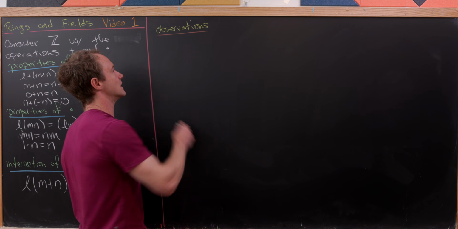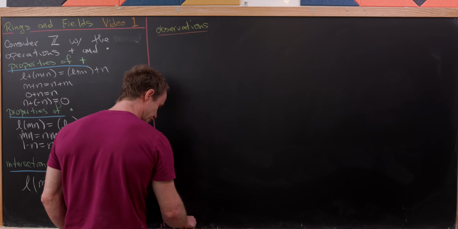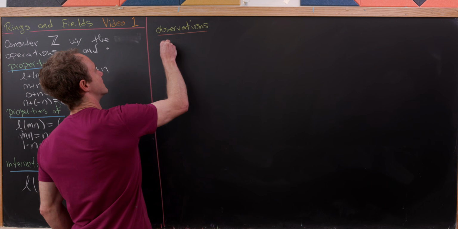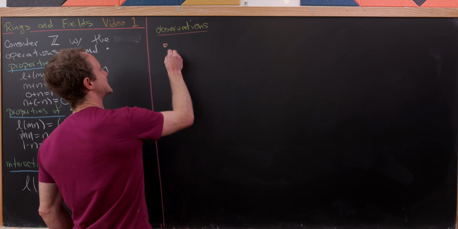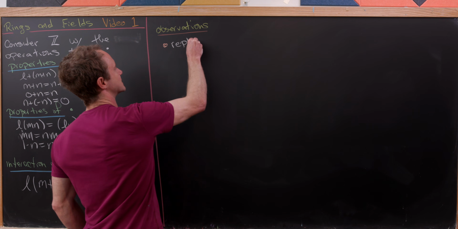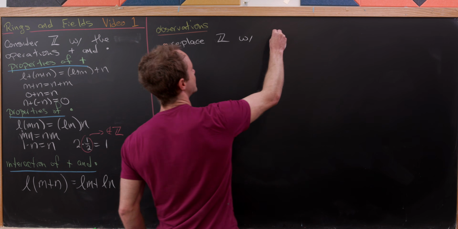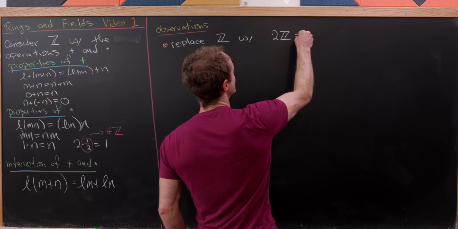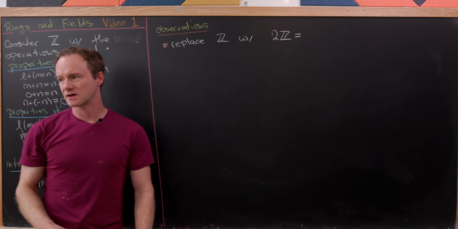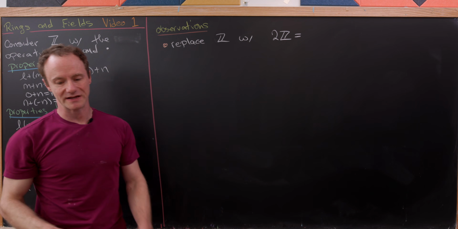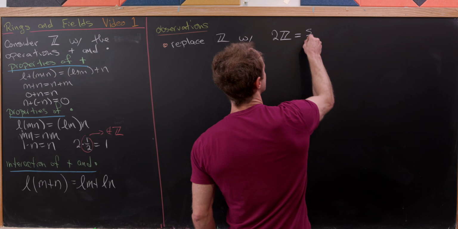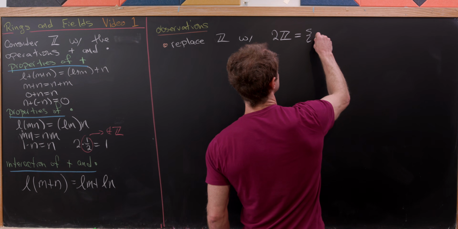The first of those will be described best like this. Let's say we make the following replacement. Let's replace the integers with what I'll call 2Z. That's just a way of writing all even integers.